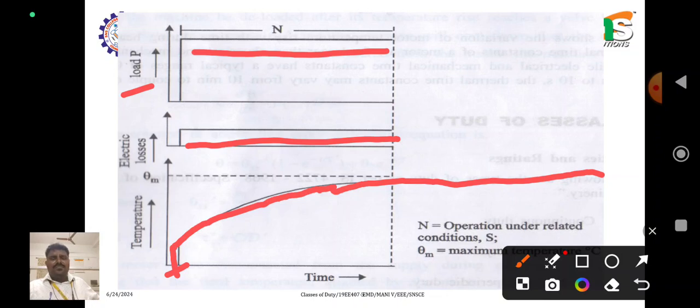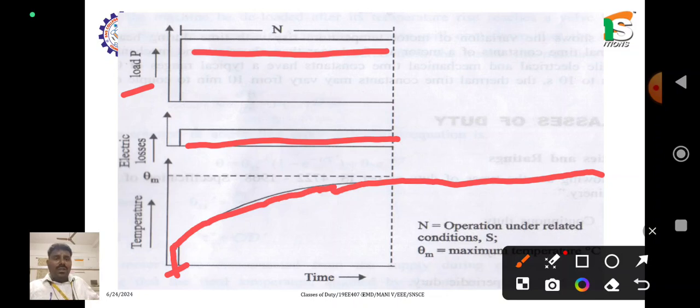Here the load is always constant throughout the operation, so the losses are also constant. But the temperature is initially at room temperature, and as the operating time increases, the temperature gradually increases to a certain value. After that, the temperature is always constant. Why is the temperature constant?